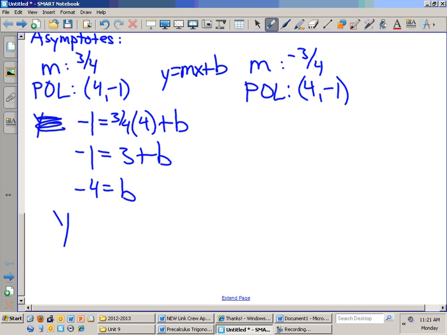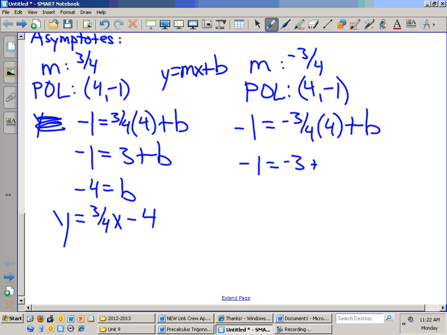So I have one equation, y equals 3 over 4x minus 4. And my second one, again, we have negative 1 is equal to negative 3/4 times 4 plus b. Negative 1 is equal to negative 3 plus b, or 2 is equal to b. So y equals negative 3 over 4x plus 2. Those are the equations for my asymptotes.